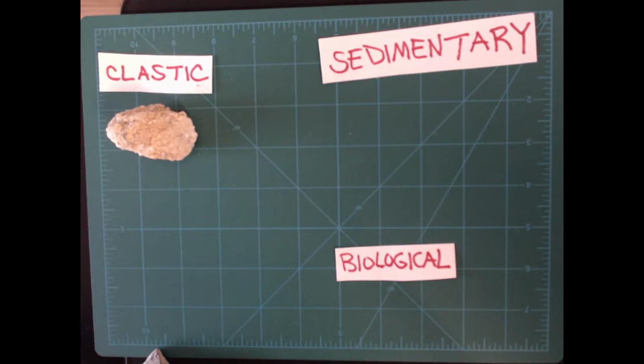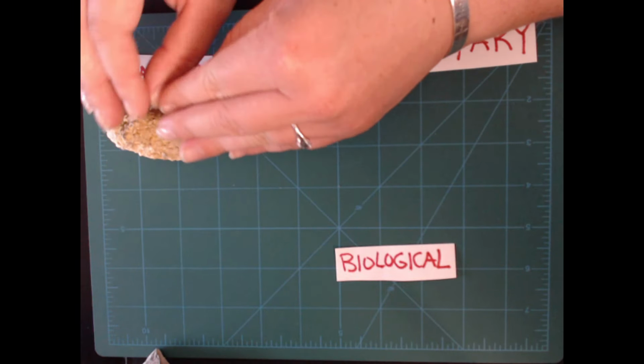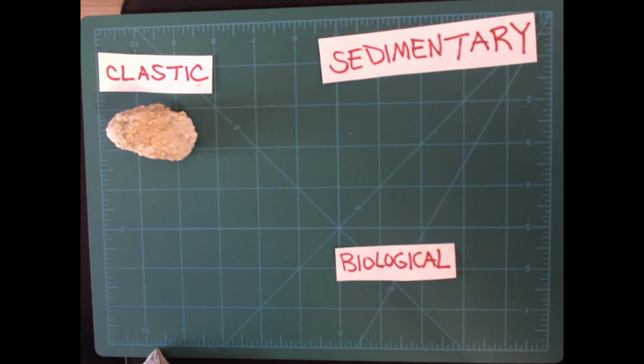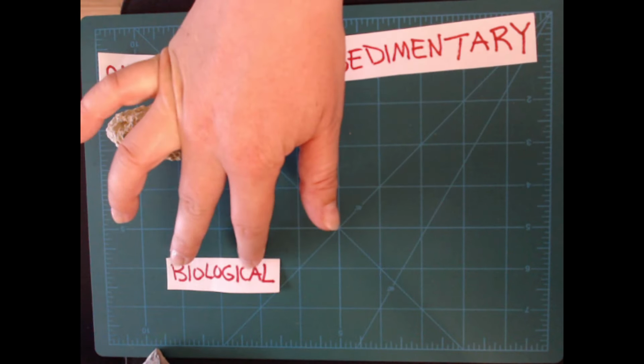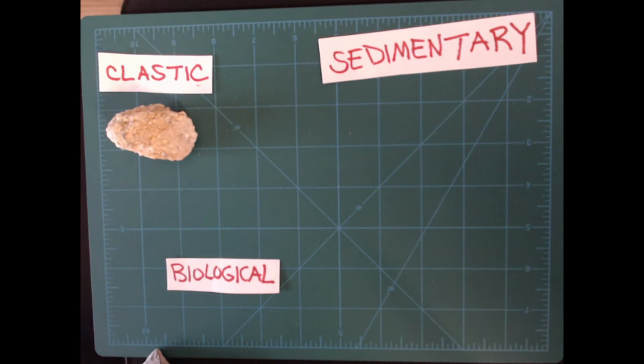And so again, when they all kind of cluster together and they're cemented together by different materials, that compaction, they tell us a lot about what landscapes used to be there. So that would be one example of biological. Another one would be if you were ever a naughty child and Santa brought you coal. Coal is a great example of a biological sedimentary rock. Coal used to be ferns, actually.